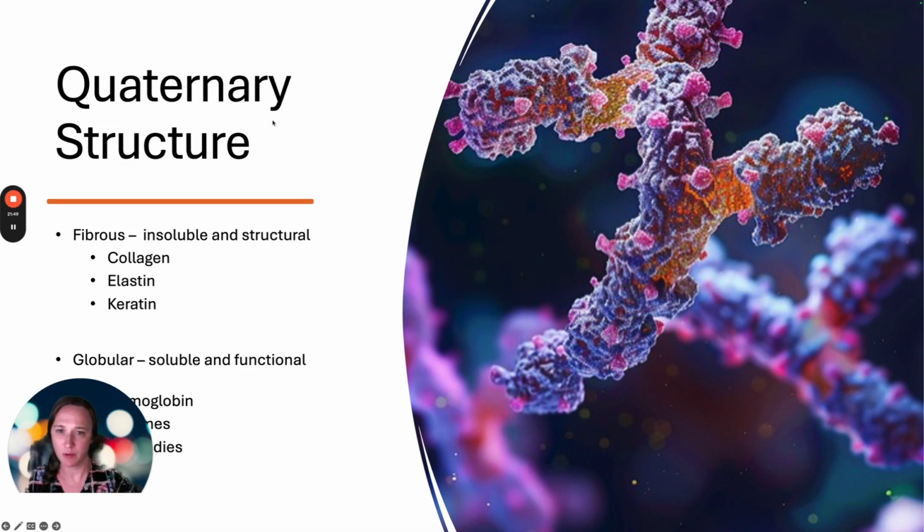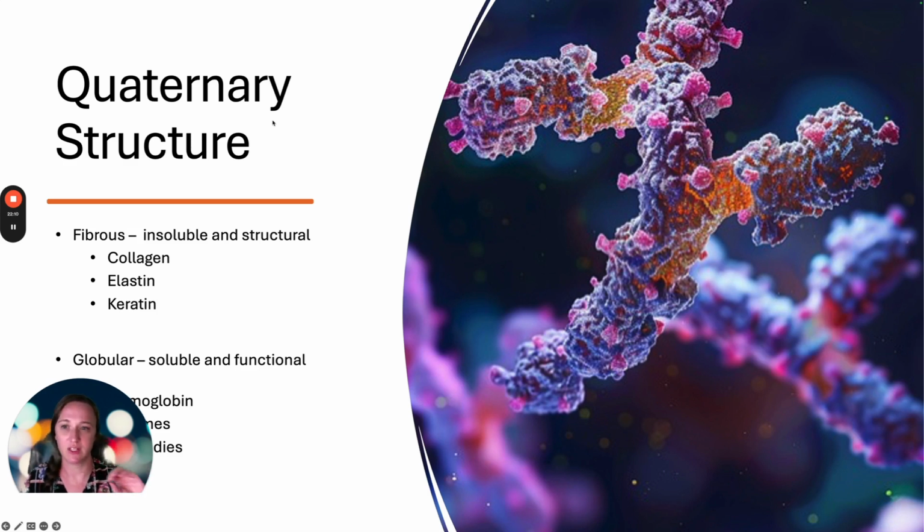The next type of structure outside of these fibrous, insoluble, structural proteins are the globular, soluble, functional proteins. So you see the contrast. Fibrous proteins are generally insoluble and structural in nature.